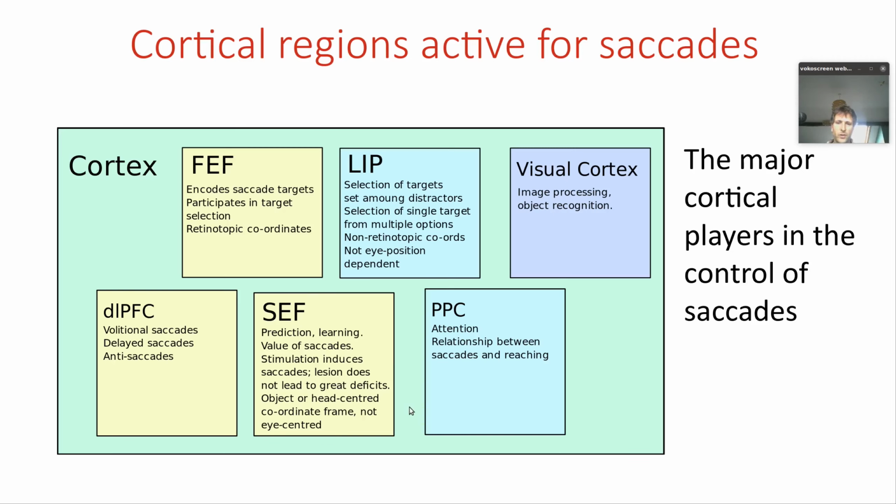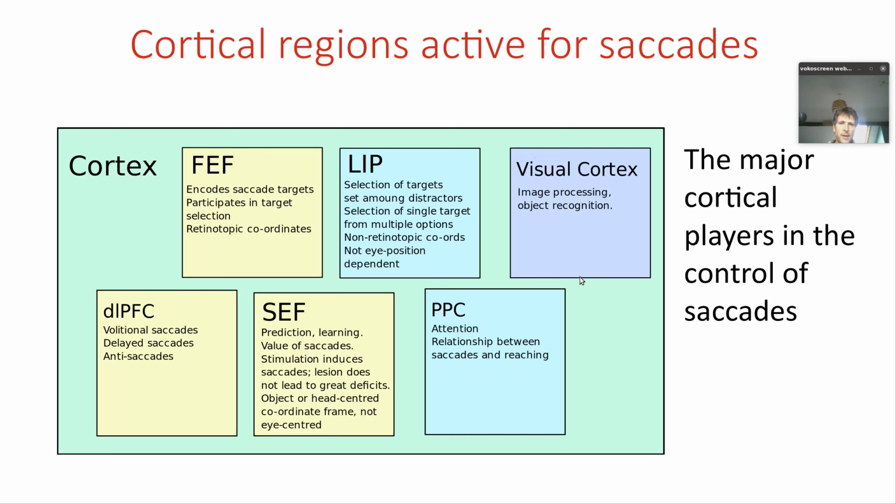And then we've got other regions, the lateral intraparietal cortex, another bit of cortex which people have studied for eye movements. Again, another kind of coordinate system. They're non-retinotopic, and they're not eye position dependent. So have a read about that.